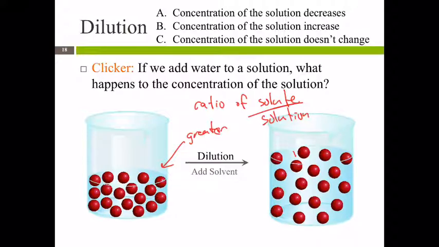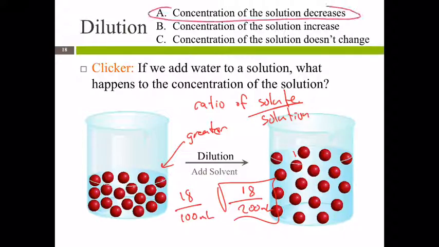So let's say we have 18 solutes per, let's just say that this is 100 milliliters. On the right side, the number of particles didn't change, so we still have 18. But now we have about twice as much volume. So that ratio is lower, meaning that the concentration of the solution decreases when we add more water.